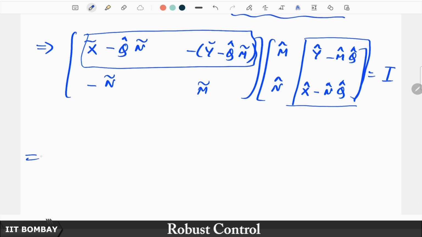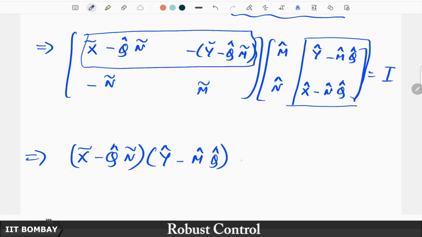What is it going to lead to? It is going to lead me to conclude that (x tilde minus q hat n tilde) times (y hat minus m hat q hat) minus (y tilde minus q hat m tilde) times (x hat minus n hat q hat) is equal to 0.